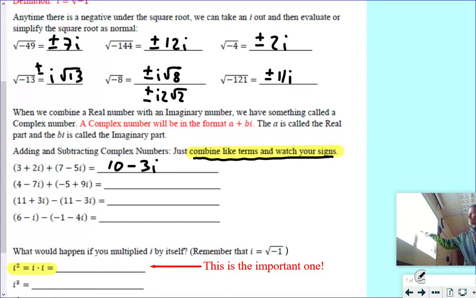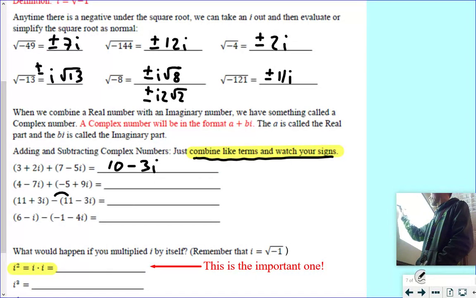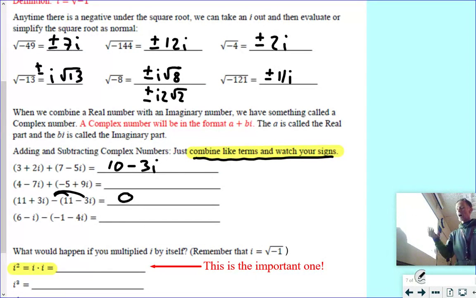Okay? If I skip down to the third example with a subtraction, the main thing to remember about this is that the minus sign distributes, right? So again, when I combine like terms, 11 minus 11 is 0, and then 3i minus a negative 3i is positive 6i.